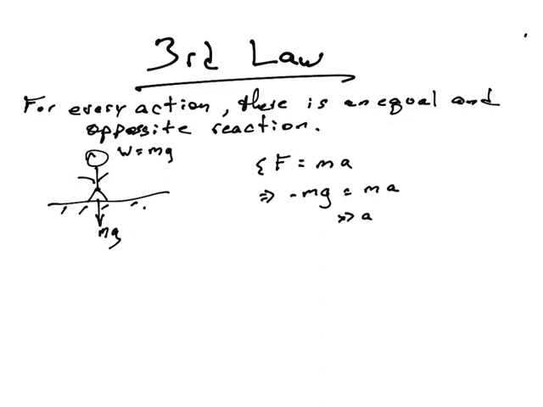Solve for the acceleration. The acceleration must be g, which is 9.8 downwards. So this would say, if gravity is acting on you, you're standing on the ground, if there's no other force involved, you must be falling downwards with an acceleration of 9.8 meters per second squared.